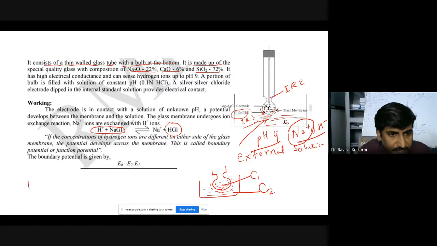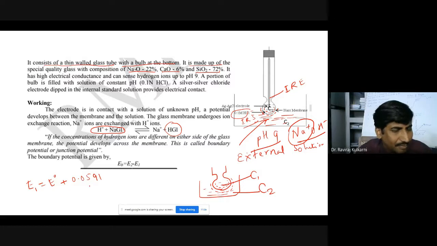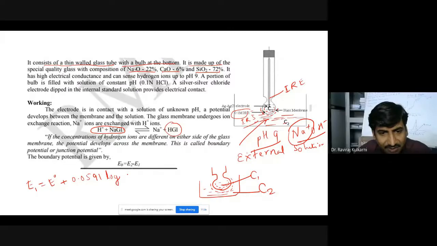I have written C1, so I'll take it as E1 is equal to what? E0 plus, at 298 Kelvin, 0.0591 divided by n, n is 1 here because of H plus ions, log of C1. Very good.